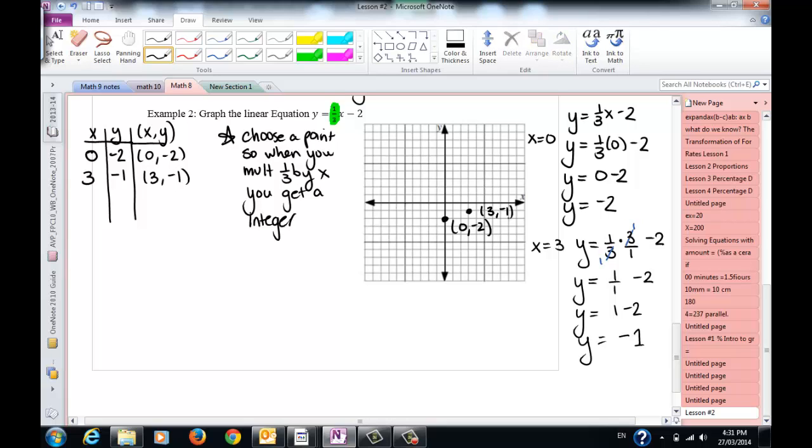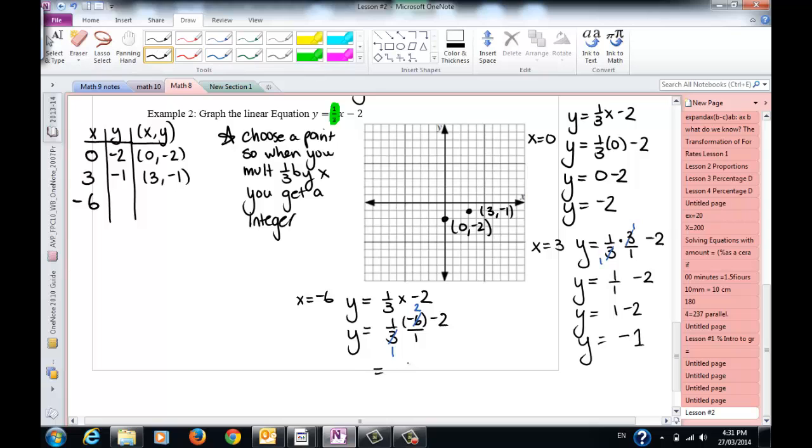And let's choose a negative x now. So instead of doing negative 3, let's do negative 6. Okay, so y equals 1/3 x minus 2, and I'm going to let x equal negative 6. Remember, 6 can always be written over 1. I can cross simplify here. 3 divided by 3 is 1. 6 divided by 3 is 2.